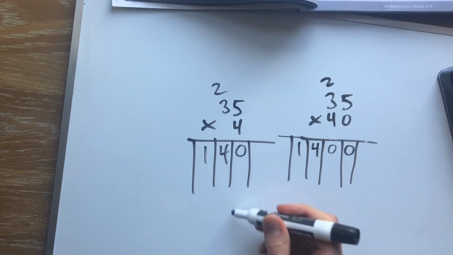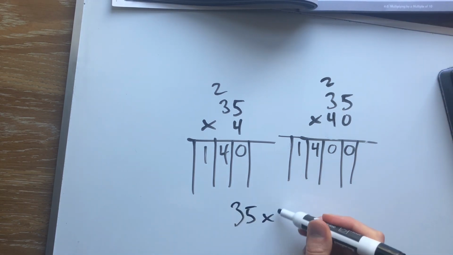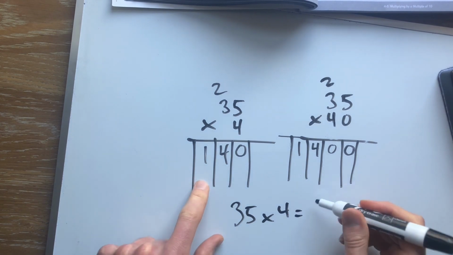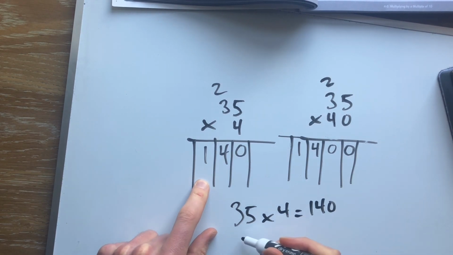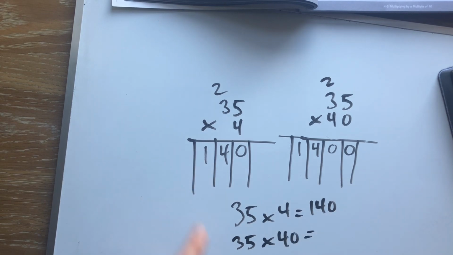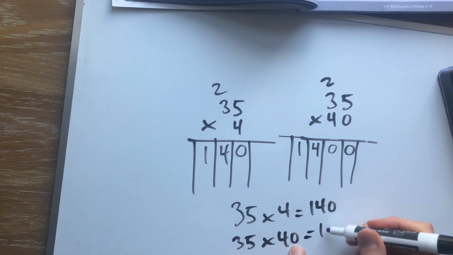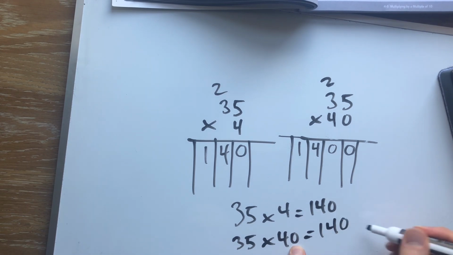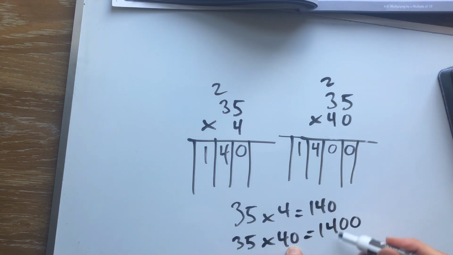Which makes sense because 35 times 4 equals 140, which we just figured out. Check this out. 35 times 40, well, it's going to be the same thing as 140, but just add another 0, right? I'd add that 0, which is what we got.